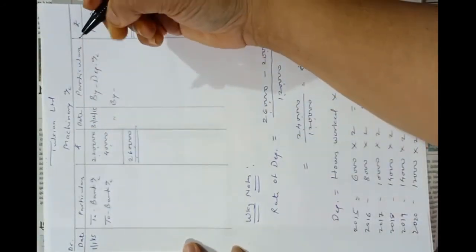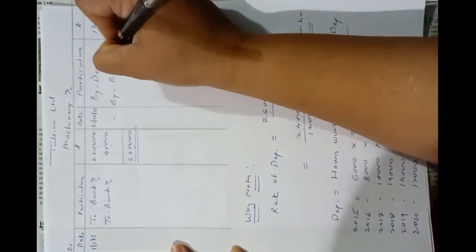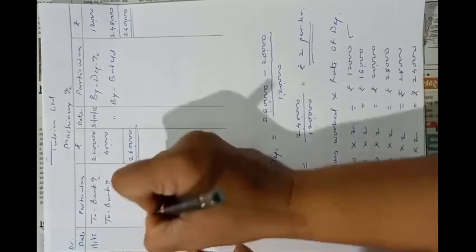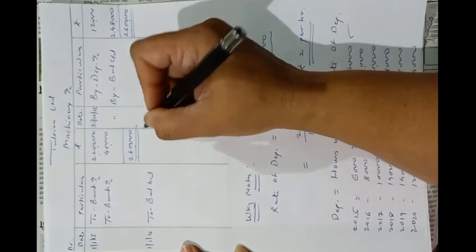On 31st December 15 by balance carried down 2,48,000, which will be brought down on 1st January 16. So to balance brought down rupees 2,48,000.